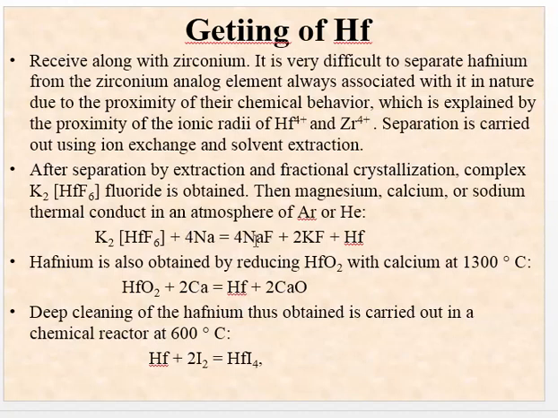Hafnium is also obtained by reducing hafnium dioxide with calcium at 1300, so high temperature. At last, deep cleaning of the hafnium thus obtained is carried out in a chemical reactor at 600 degrees Celsius.